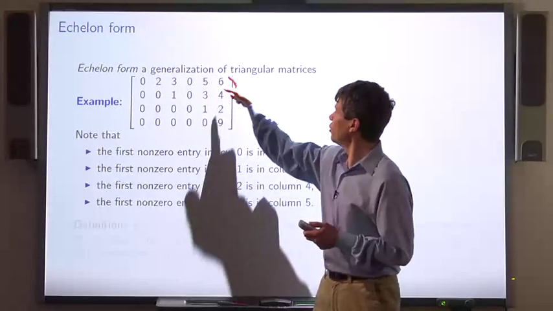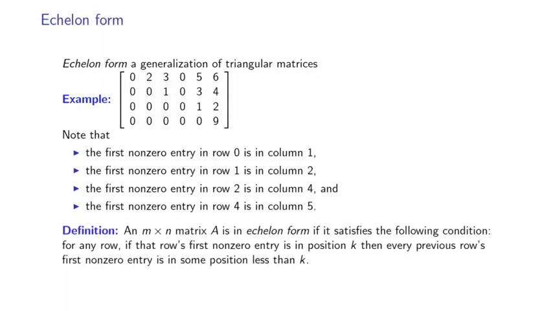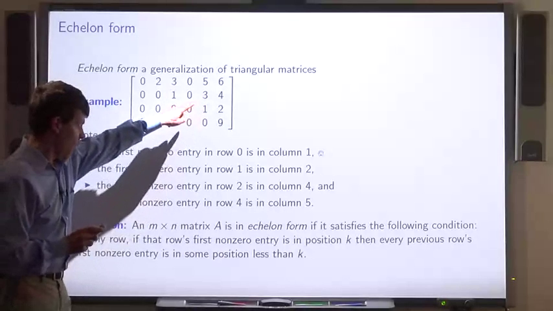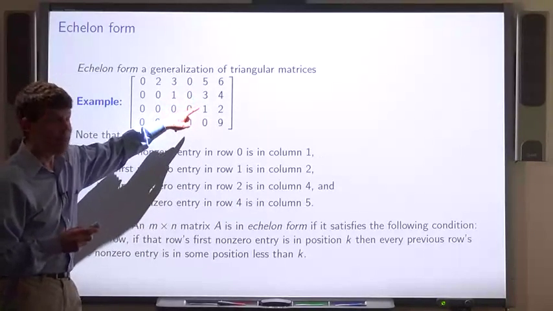And the first non-zero entry in row 4 is in column 5. A matrix is in echelon form if it satisfies the following condition. For every row, if that row's first non-zero entry is in position k, then in all the previous rows, the first non-zero is to the left.